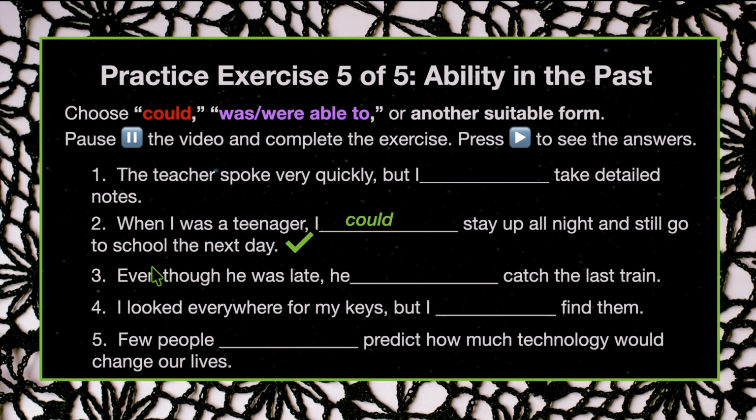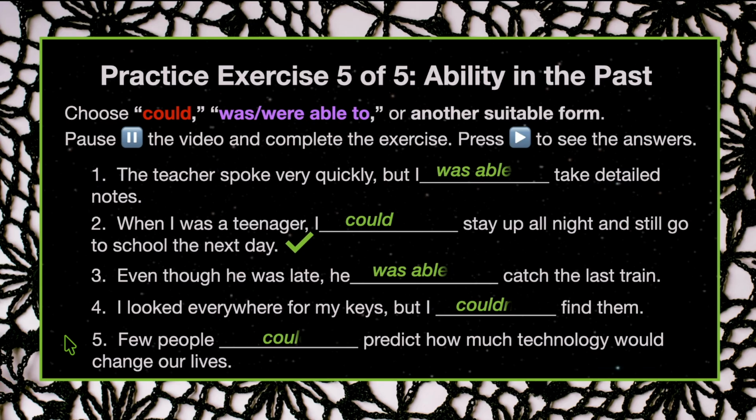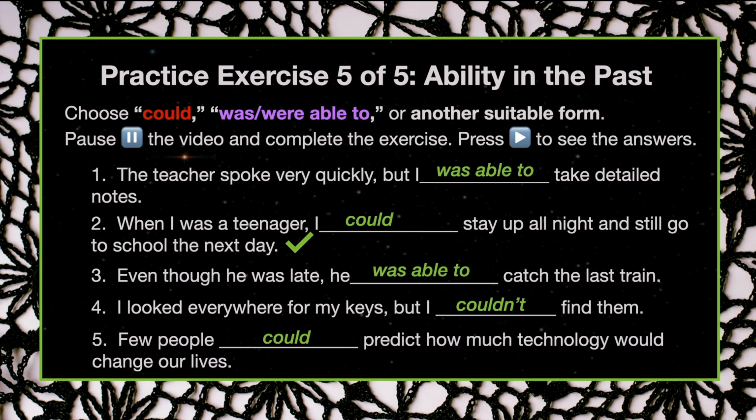So it sounds like a habit to me. So it would be could. Pause the video and complete the exercise. When you're finished, press play to see the answers. Here are the answers. Did you get them right?